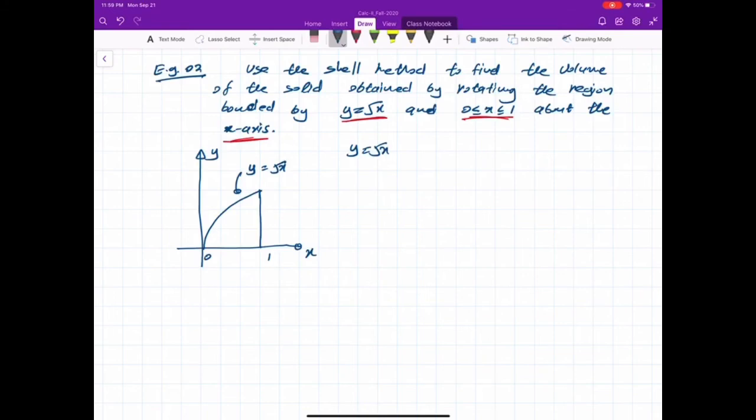Right, so this is the corresponding region. So you are rotating this about the x-axis. If you rotate that about the x-axis, the shape you get is like this. Let's say this is x. This is y.